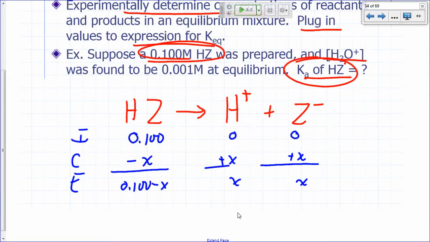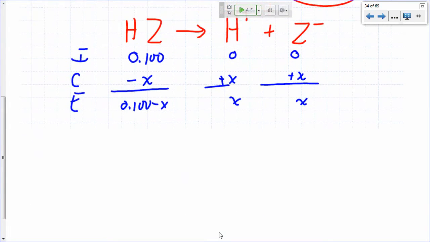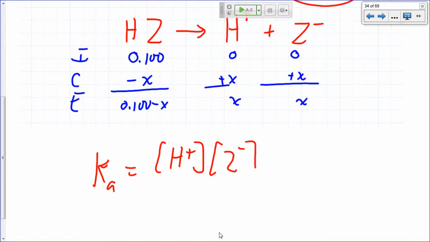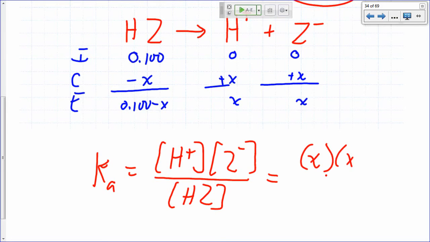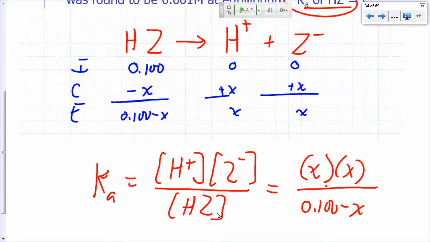So what's my Ka? What's the expression for Ka? Ka is H plus times Z minus over HZ, right? And so it's going to be X squared, X times X over 0.100 minus X. Do I know what X is?